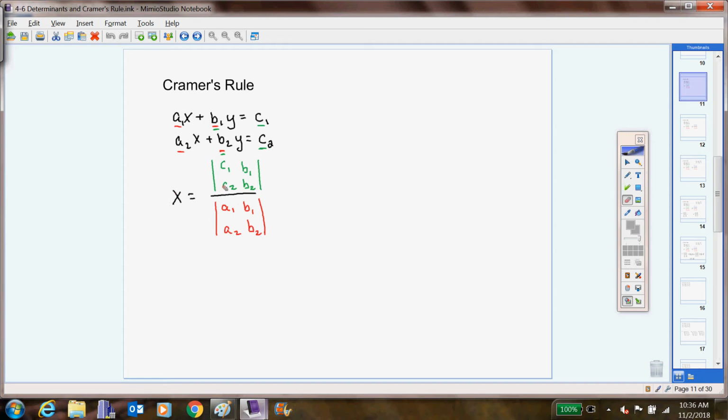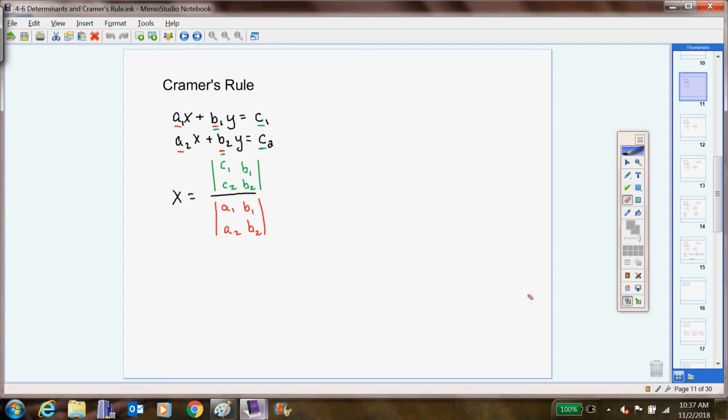And if you make a matrix to find the determinant out of the leftover numbers, so that these are the coefficients of y, and since you're solving for x, you take these c's and you put them into that column. By following this rule and finding the determinant, you can very quickly solve for x.